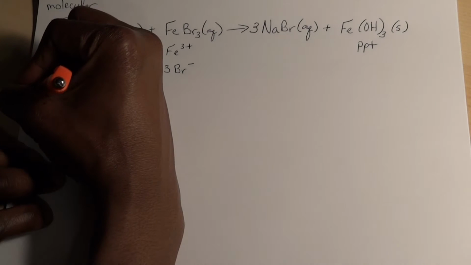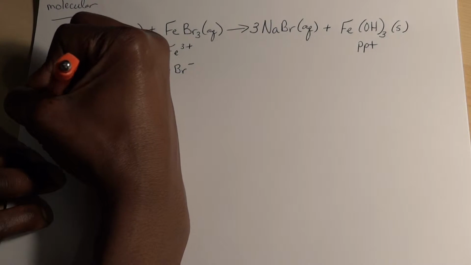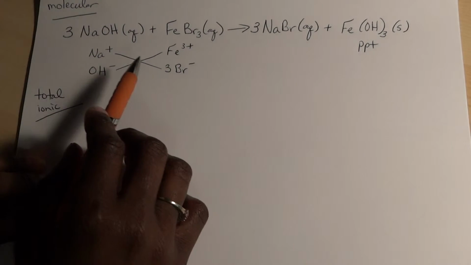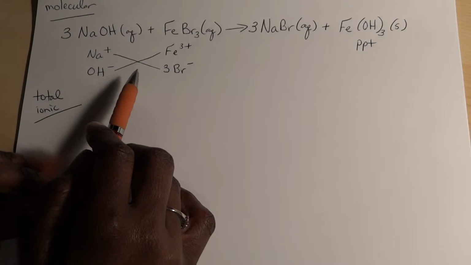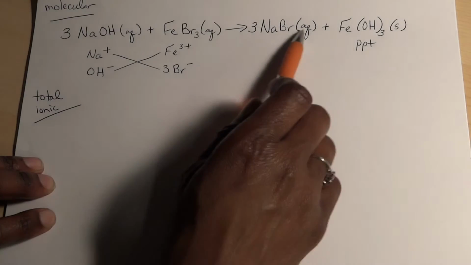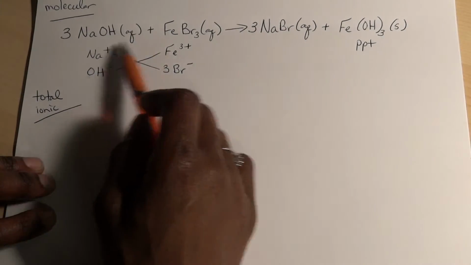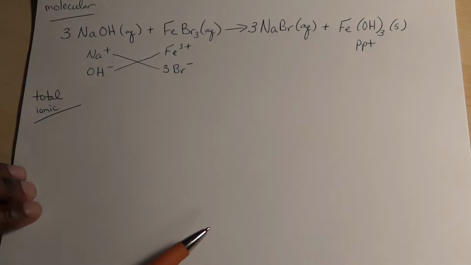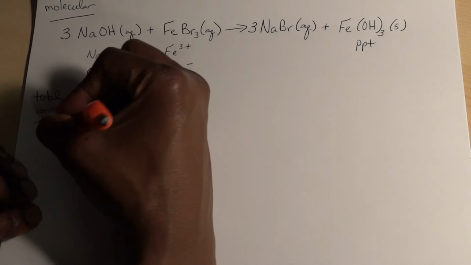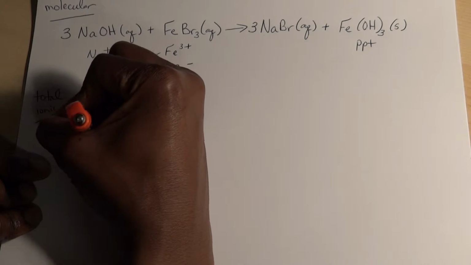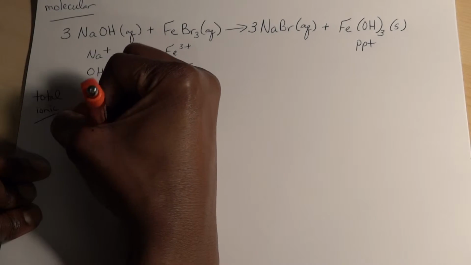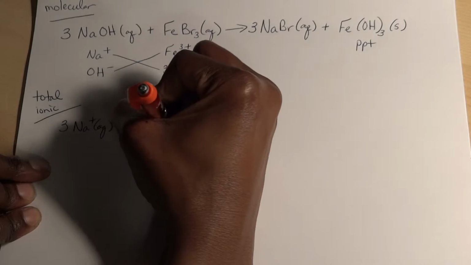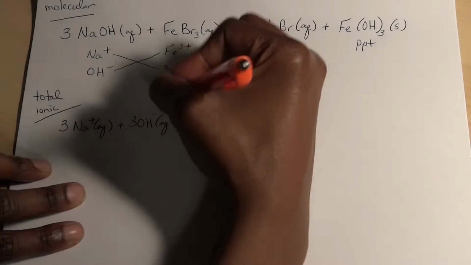So now let's do the total ionic equation. When we're doing the total ionic equation, we want to keep an eye on everything that's aqueous, break those up into ions, and then leave the solid the way it is. So for sodium hydroxide, we have 3 Na plus aqueous and 3 OH minus aqueous.